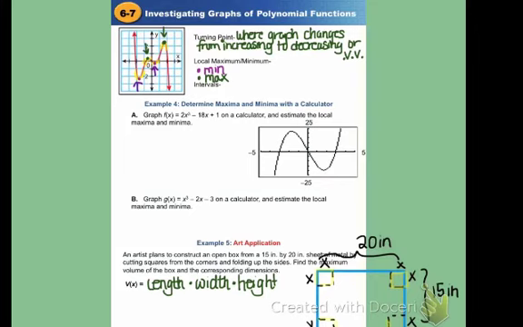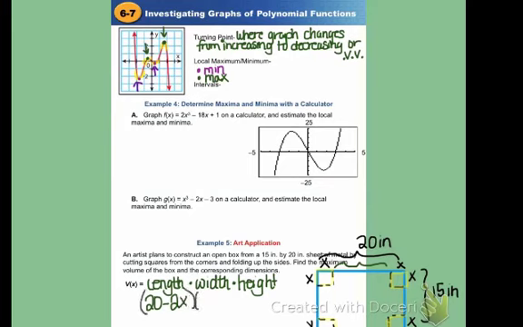So when we think about the volume, we know that the volume is the length times the width times the height. If we were to fold this back together, then the length of this box is not going to be 20 inches, it's going to be 20 inches minus an x on either end, so minus 2x.